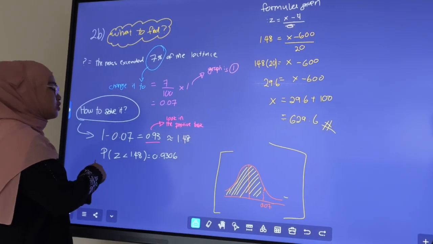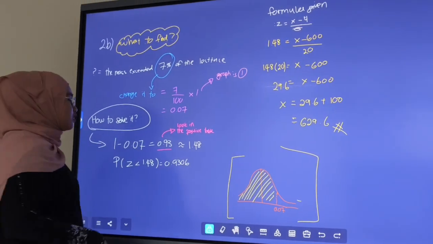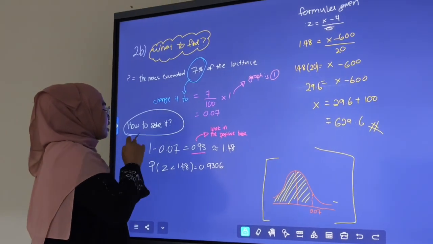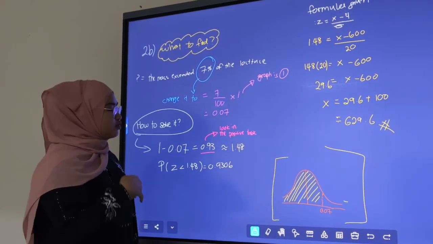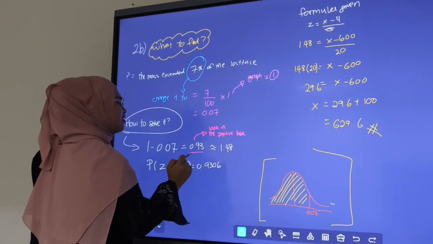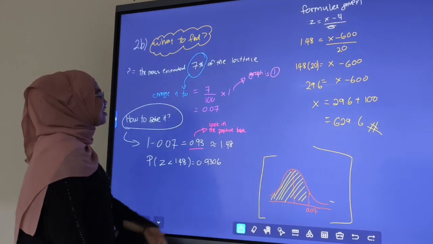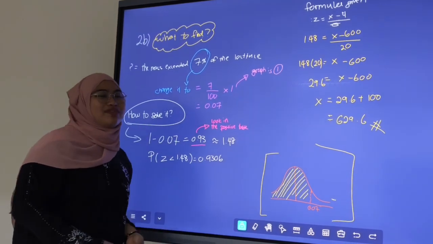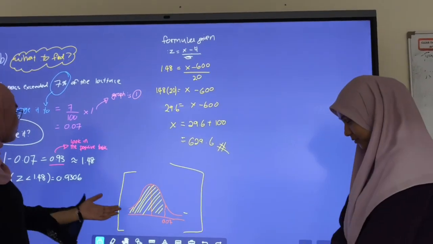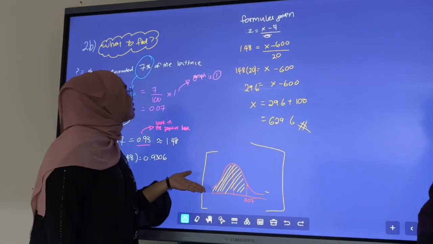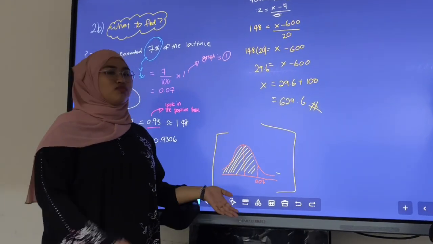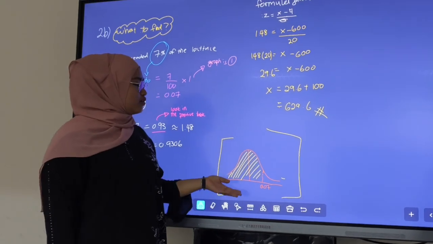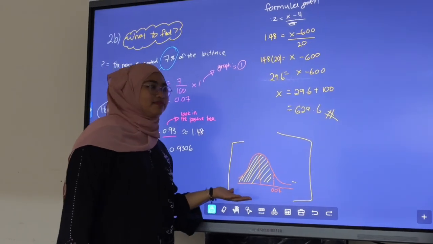We need to write it properly: P bracket Z less than 1.48 close the bracket, and then 0.9306, which is the number you find in the positive table. Since it's 0.07, it's supposed to be positive. So this is how the graph is supposed to look.